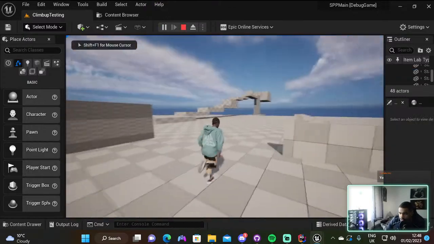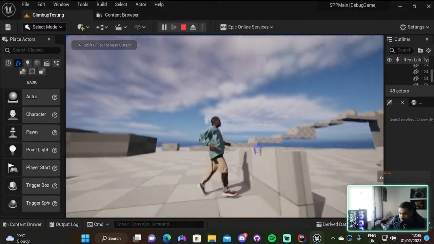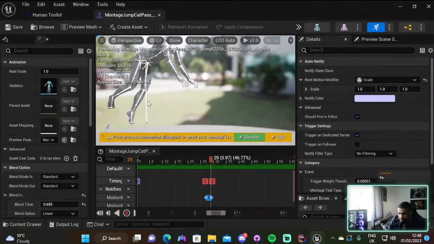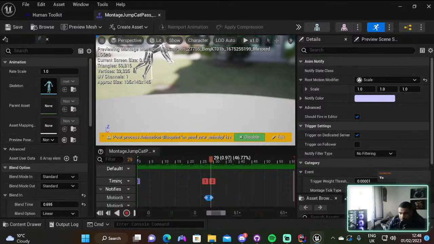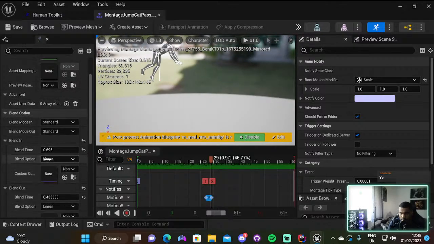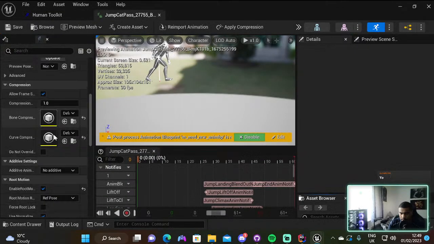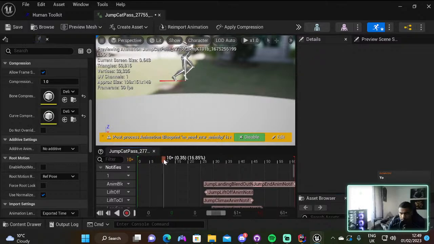What's crazy though is that this wall here looks extremely low, like waist height. How high is the wall that this guy jumps on? Like waist height, about 90 high.